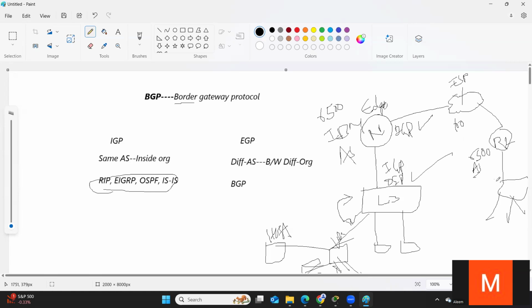Here we are using a private AS. As we discussed earlier, we have a private AS range and a public AS range. Now this different branch wants to communicate with this branch. Here we are again using IGP protocols, and here we are using the BGP protocol.